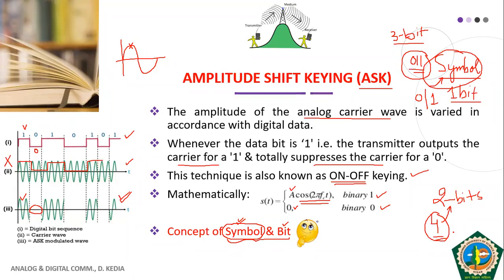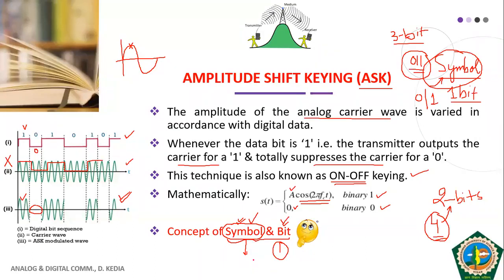Your symbol may have 3 bits, or each symbol may be represented by 4 bits. So we should be able to understand that we actually represent our digital data in the form of symbols, and then each symbol is represented by a group of bits. If each symbol is represented by only 1 bit, your symbol rate is the same as the bit rate.